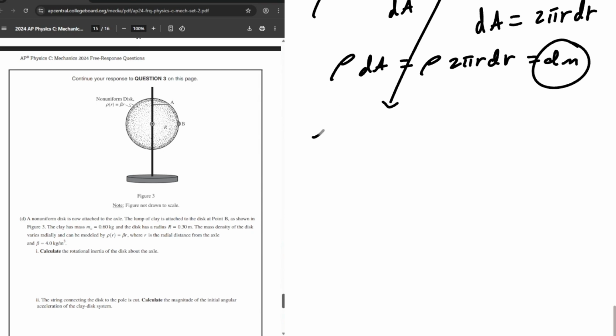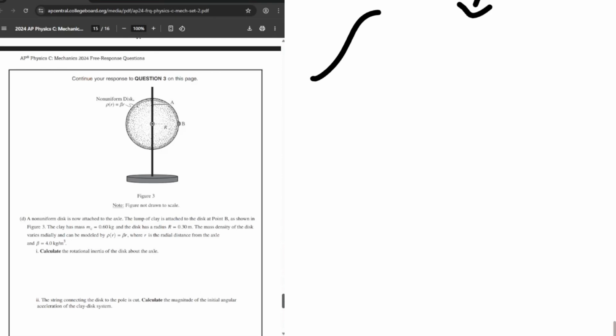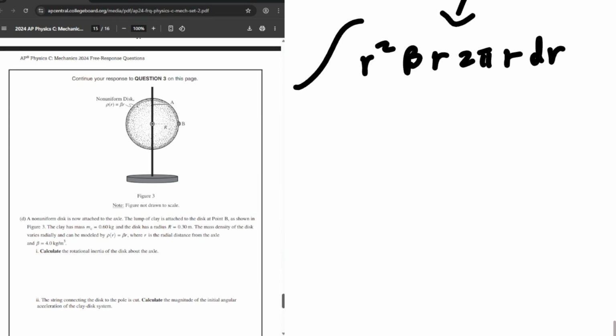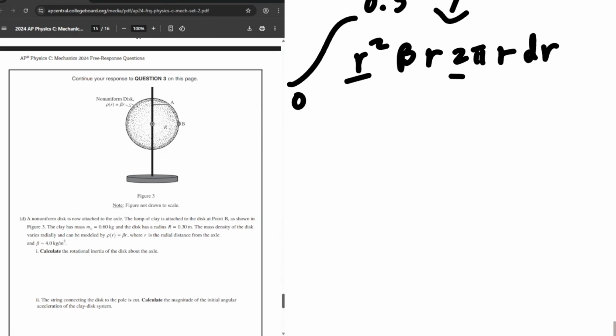So now we're going to integrate r squared dm, and rho was br, so we substitute that in: br times 2 pi times r again, dr. We integrate from where the radius is 0 to the maximum radius, 0.3, because we have r's in here and we're taking an infinitely small change in radius.